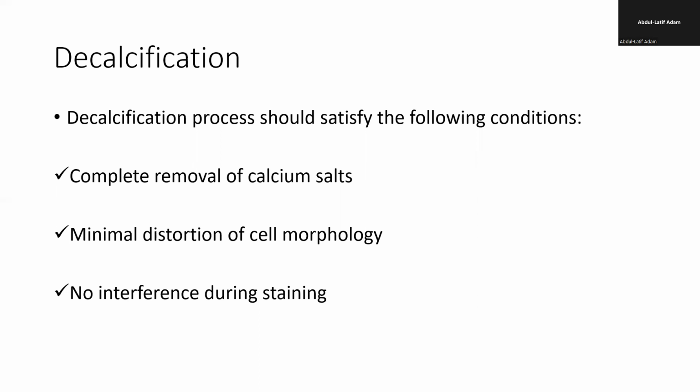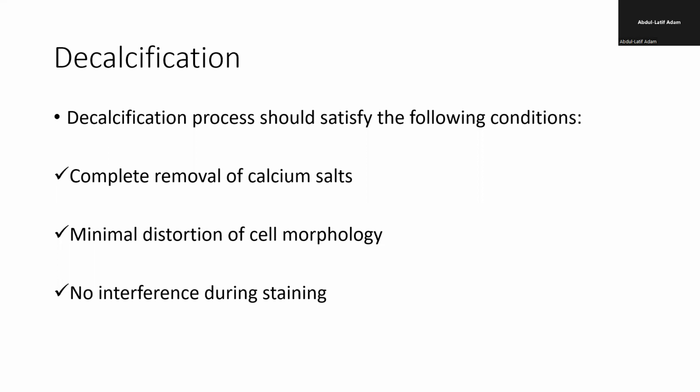Okay, so as I mentioned earlier, decalcification is to remove what? Calcium, complete removal of calcium from the tissue. And as much as you want to remove calcium from the tissue, you also have to make sure that the chemical you are using does not cause abnormal cell morphology. It does not distort the structure of the cell.